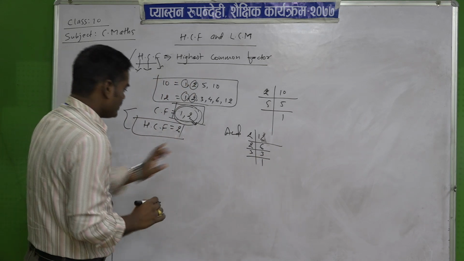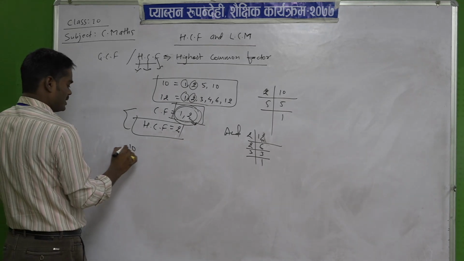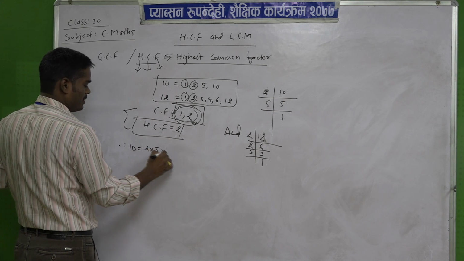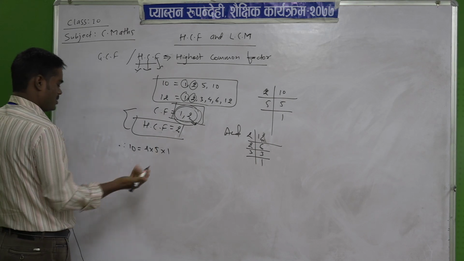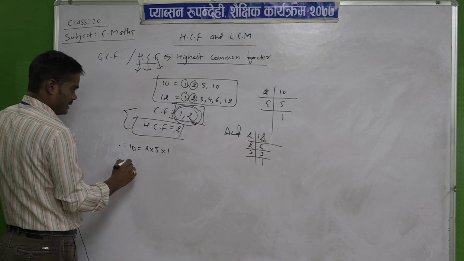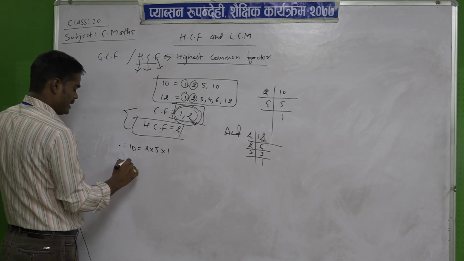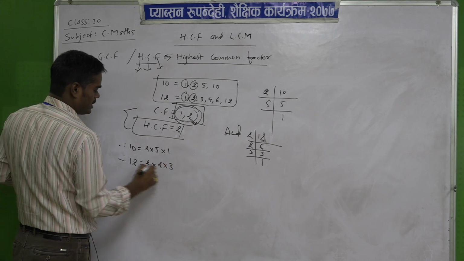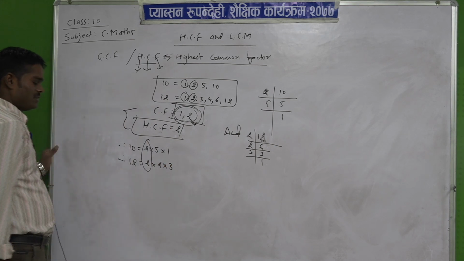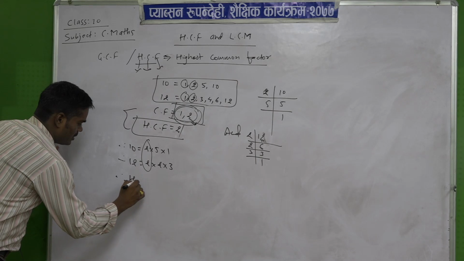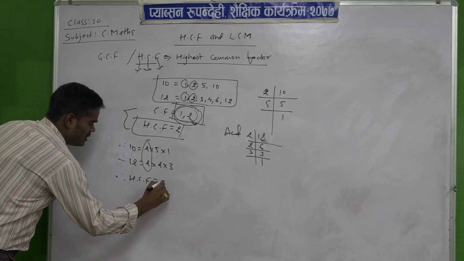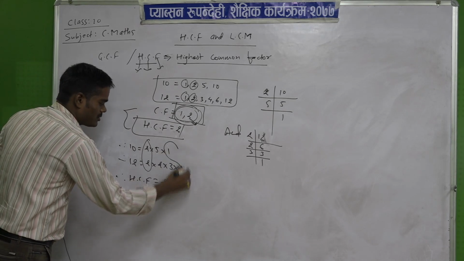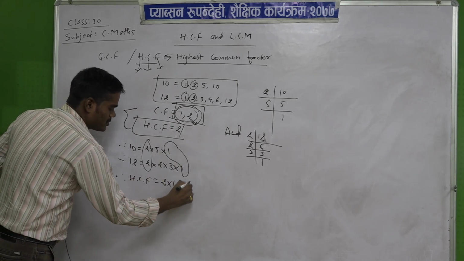So, here write down 10 means 2 into 5 into 1. You can write 1 also, that is not necessary, and then after 12 is 2, 2, 3. So, what is common in both? 2. Therefore, HCF equal to 2. You can take 1 also.